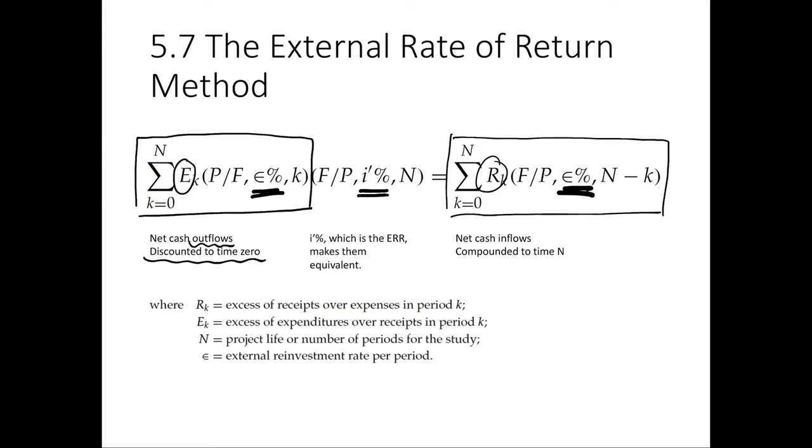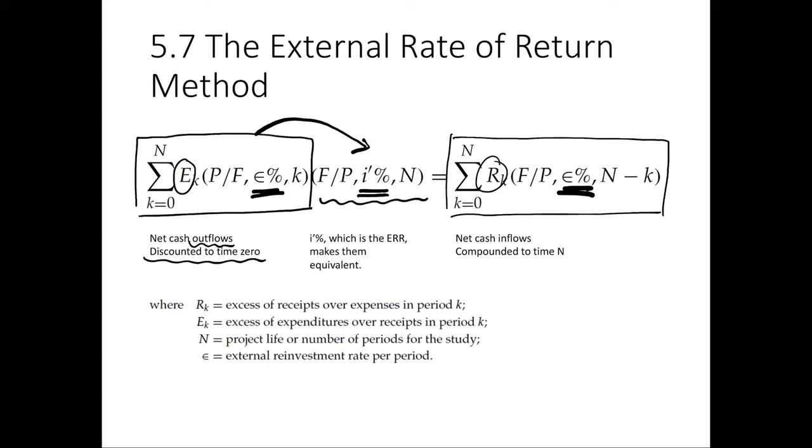So now we're looking at some I prime. That I prime can make these two quantities equal. But to make them comparable, we said we always want to convert the cash flow to the same time spot, right? So we choose to convert the present value to a future value using this factor.